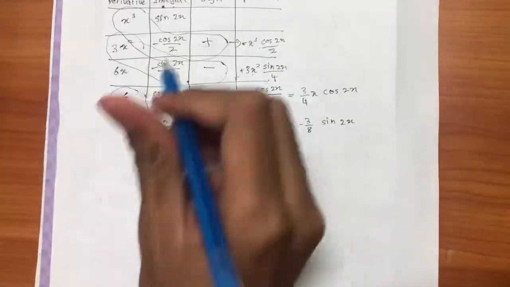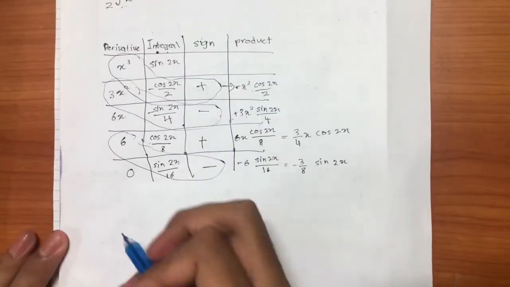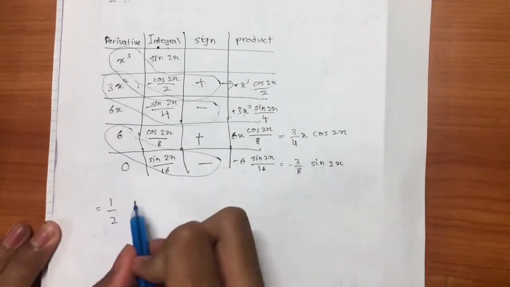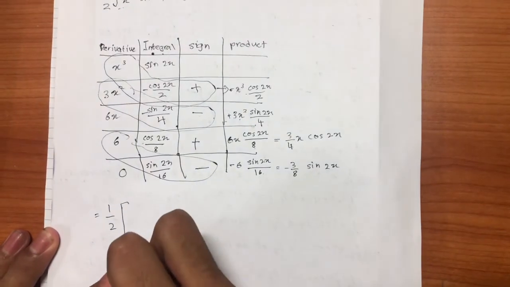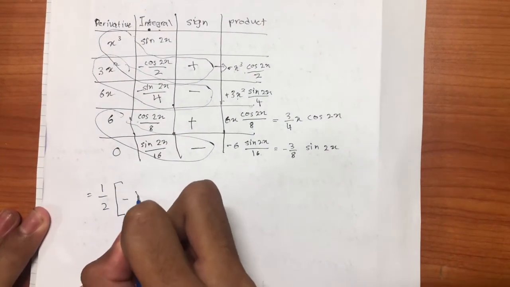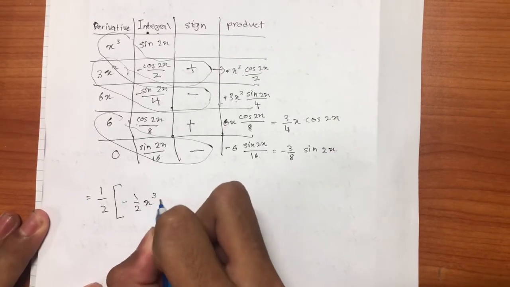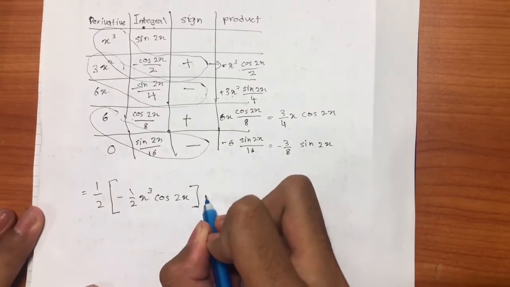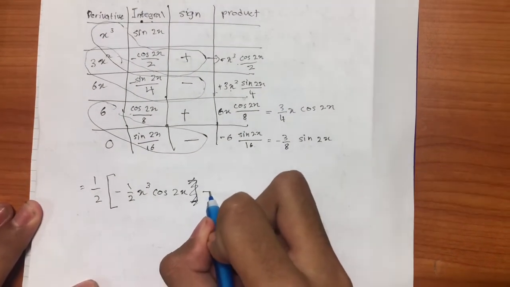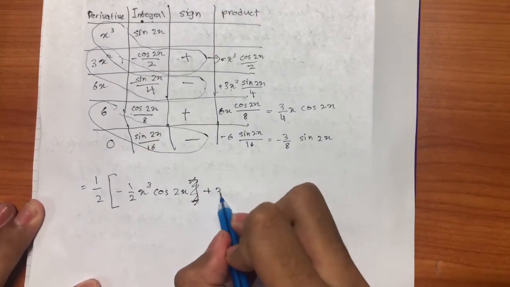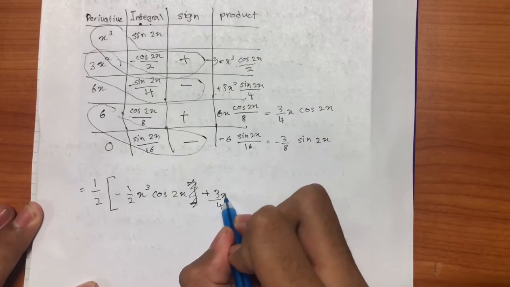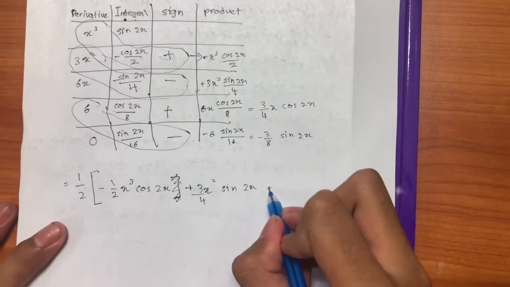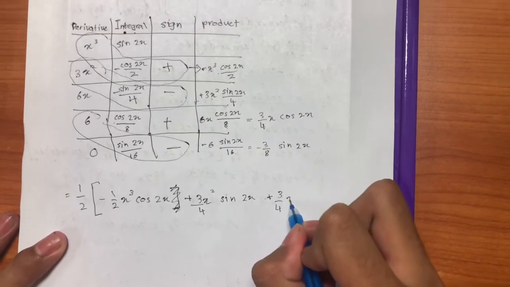So for the whole thing, we can write it as half of this thing, and then the integration of this is negative half x cubed cos 2x plus 3 over 4 x squared sin 2x plus 3 over 4 x cos 2x.